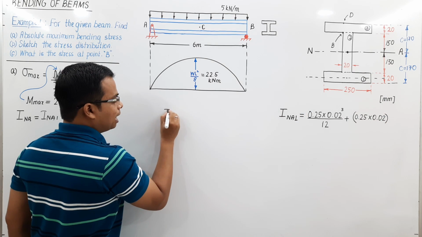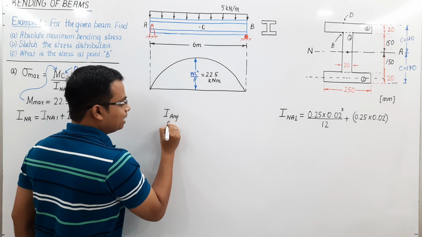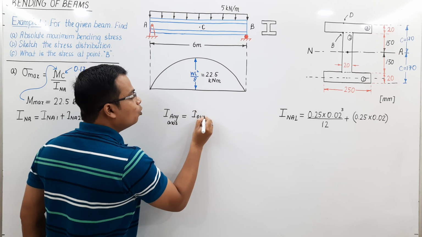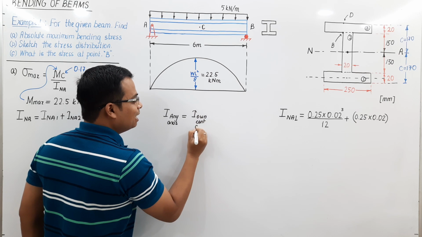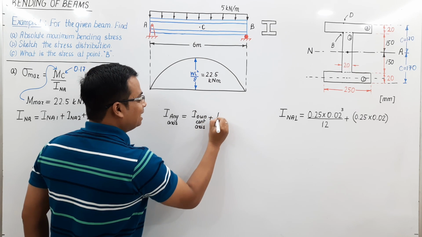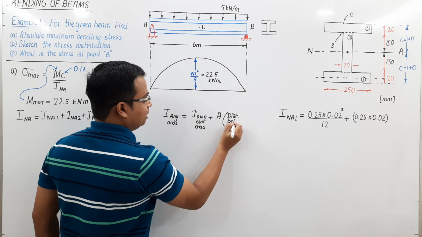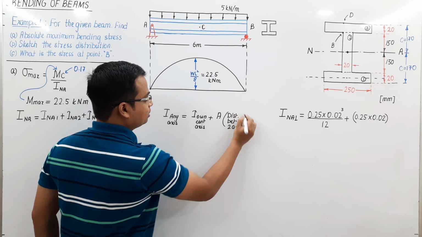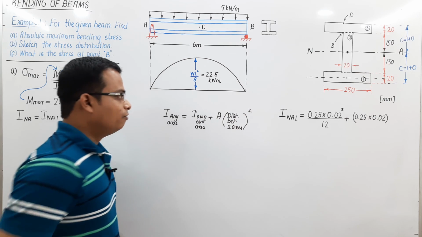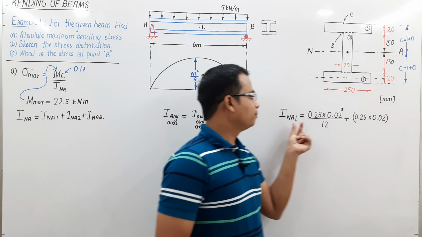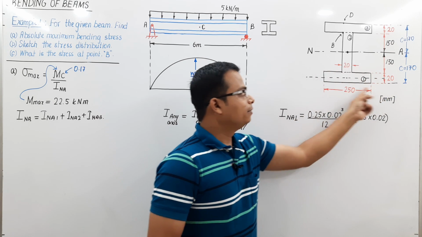Remember, I with respect to any axis is equal to I with respect to its own centroidal axis plus area multiplied by the distance between the two axes. That is exactly what we are doing. You want the moment of inertia with respect to NA of this figure, right?